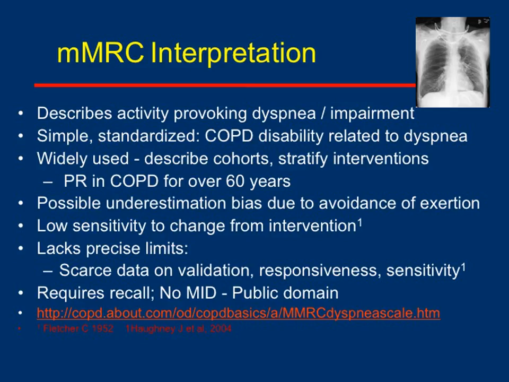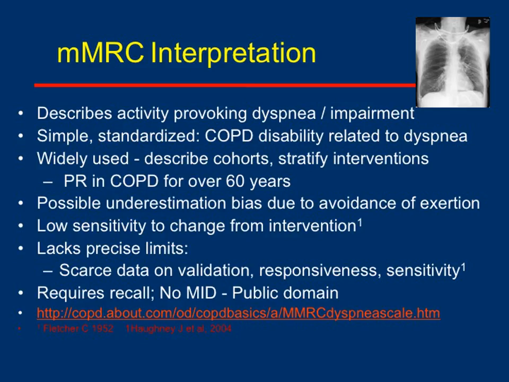So it describes activity-provoking dyspnea and impairment. It's very simple and standardized, and has been used for over 60 years. There can be underestimation bias if the patient is avoiding exertion. So they may not walk with other people. They may not be able to respond accurately. It has a low sensitivity to change, and that's because it's only 5 points, so they can only change so much from an intervention.